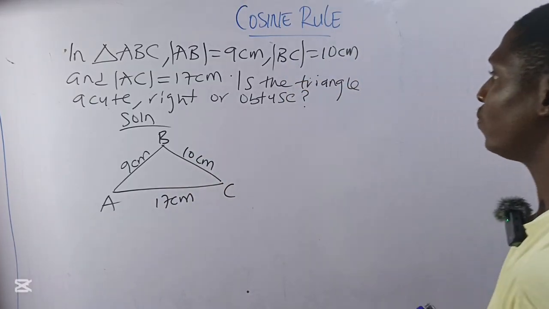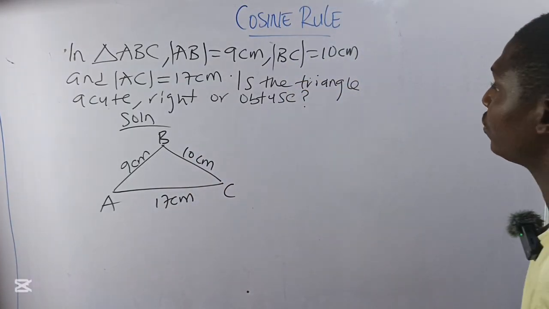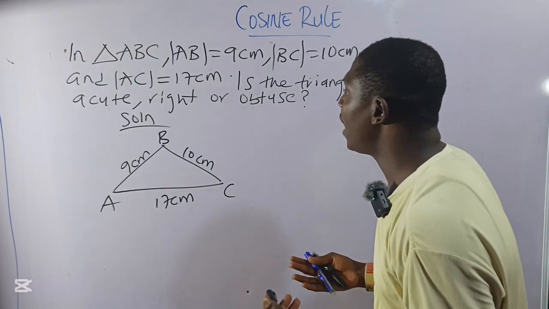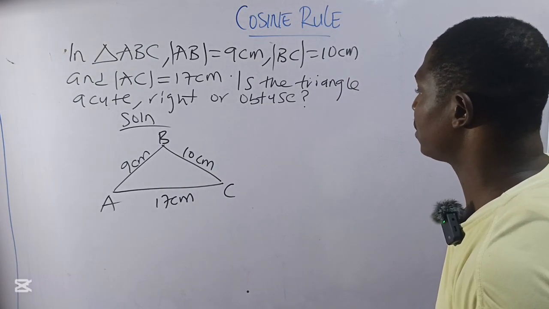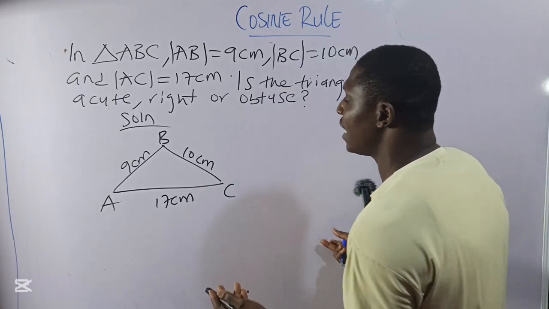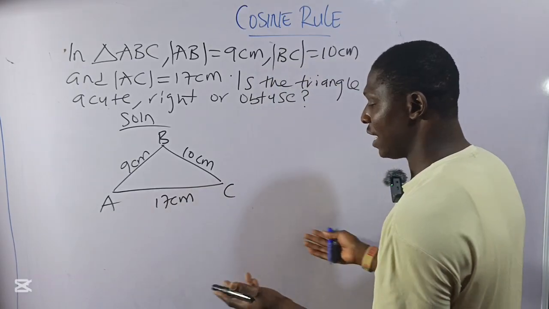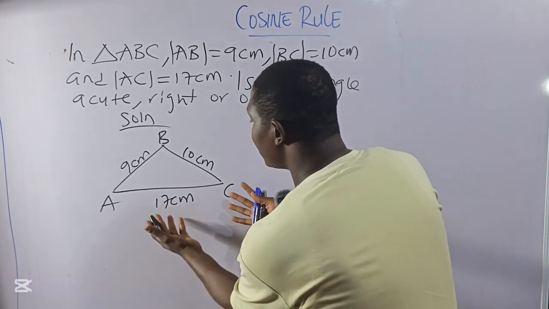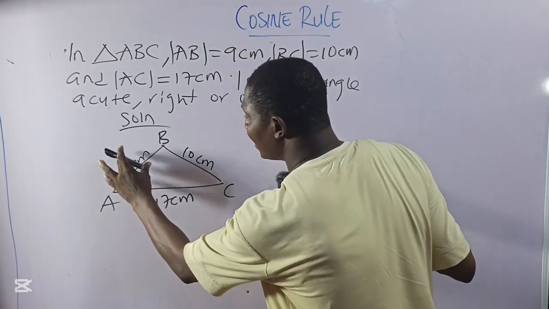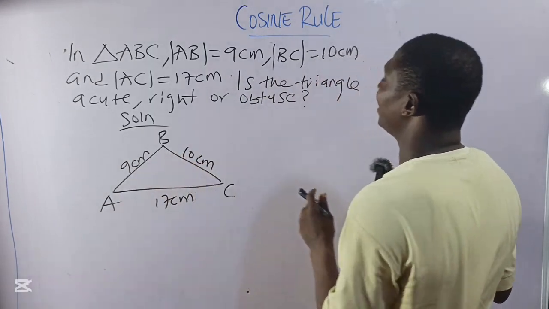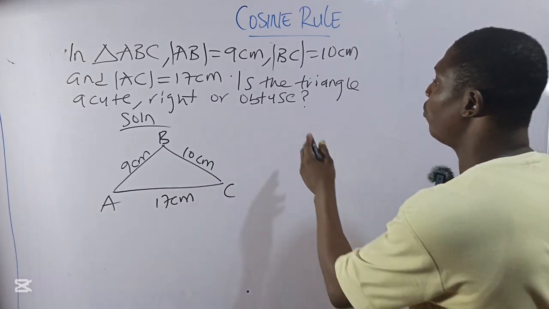Now, we're asked to state the kind of triangle. Is the triangle acute, right, or obtuse? What we'll simply do here is this. If the square of the longest side, like in our last video, is greater than the square of this side plus the square of this side, then the triangle is what? An obtuse triangle.